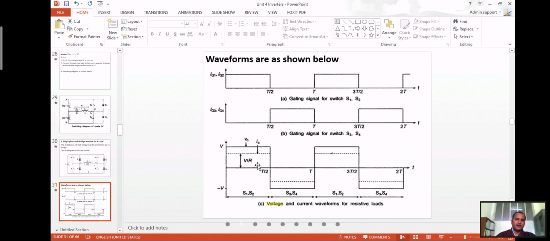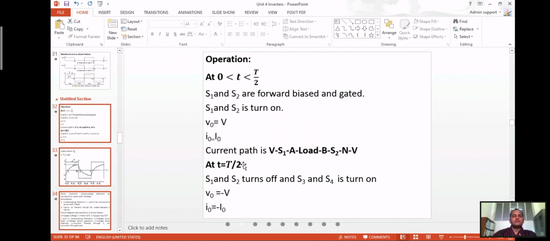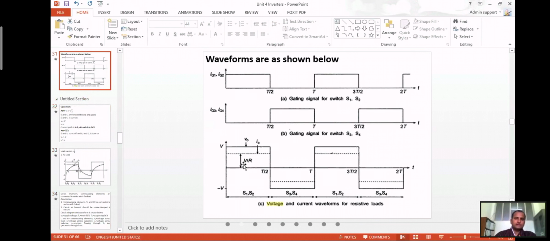So current I0 will be V by R, when S1 and S2 are triggered. This is the operation between 0 to T by 2.